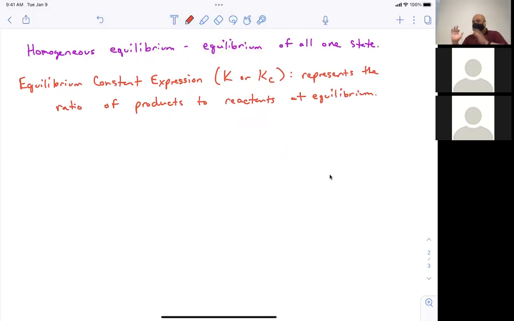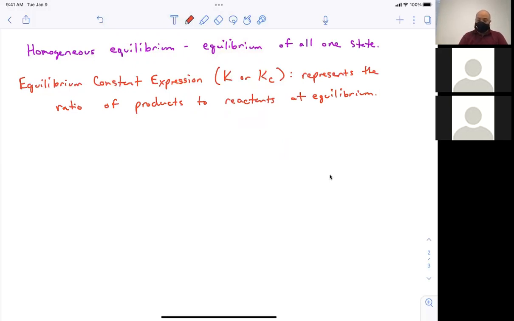Now, that's not an actual IB definition. You don't really have to define equilibrium constant expression, but I'm kind of telling you the way you want to think about it if you're trying to understand the concept. So that's not like a verbatim definition that you need to know. It's just that's the idea.